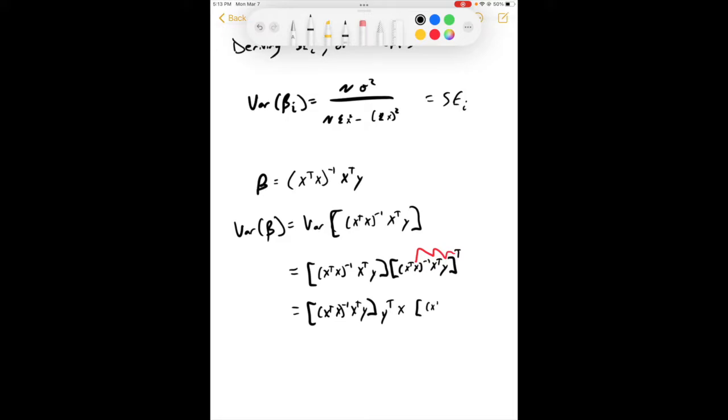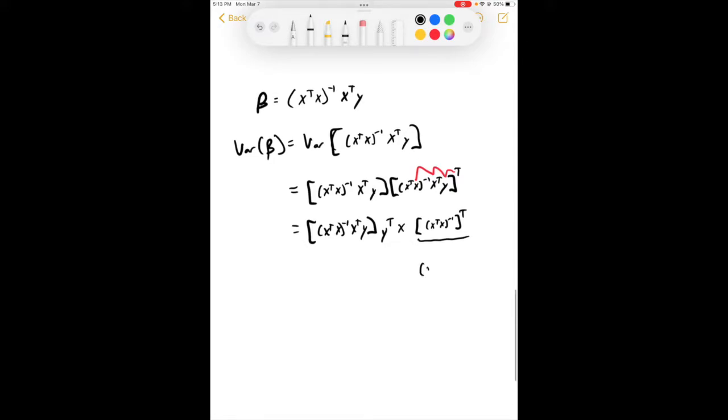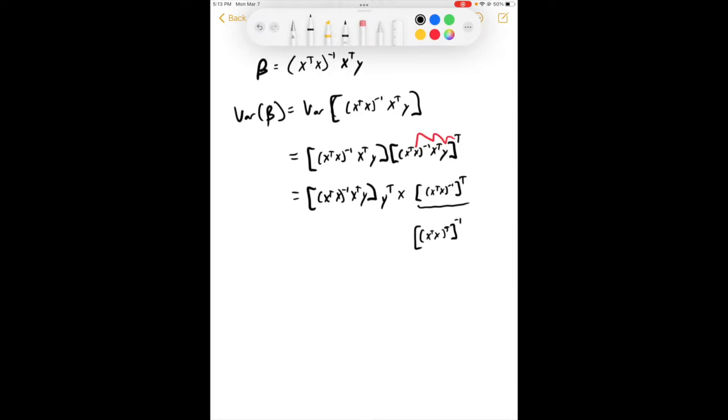And here, I'm going to treat this a little bit separately. Transpose. So let's look at just this for a moment. What we can actually do is bring that transpose inside the inverse, and then when we multiply that transpose through, we'll just get x transpose x again.